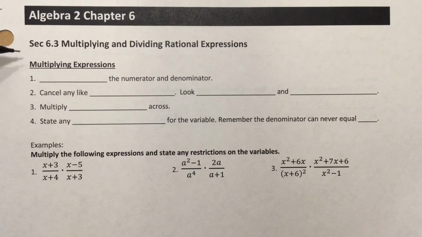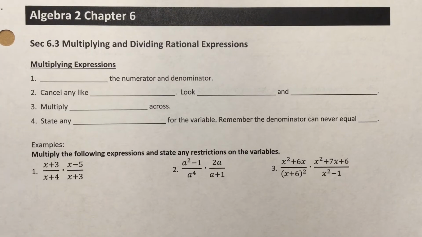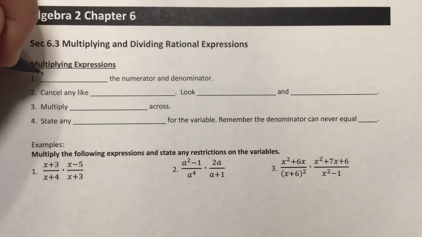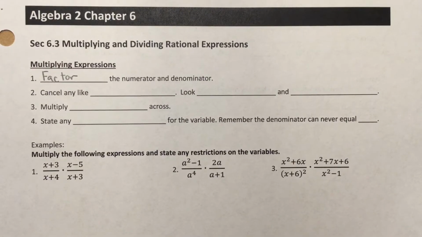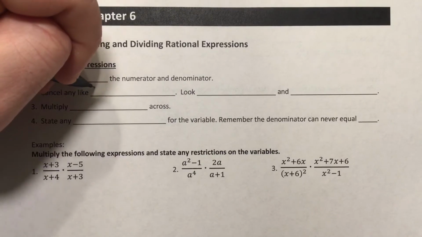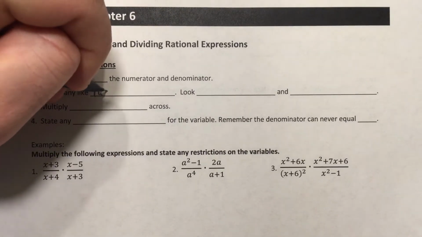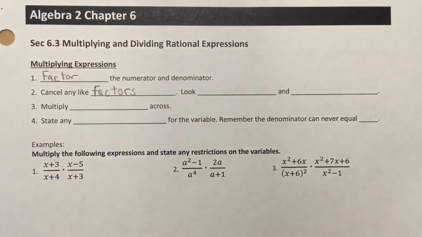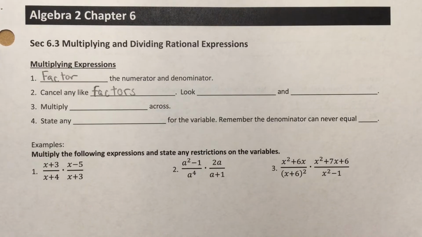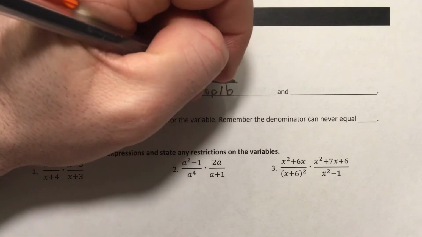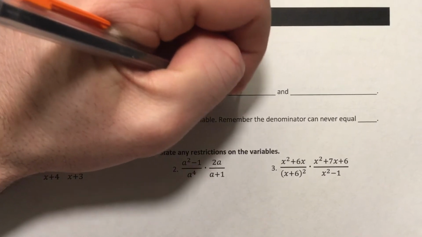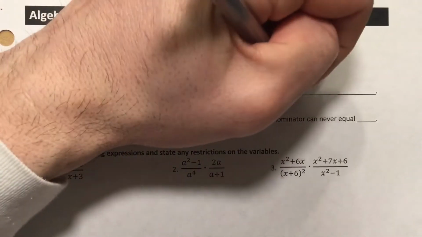So, multiplying expressions. First thing you want to do, just like all the other ones, is factor the numerator and the denominator. After that, you want to cancel any like factors. And when you cancel like factors, you want to look top and bottom, and diagonally.